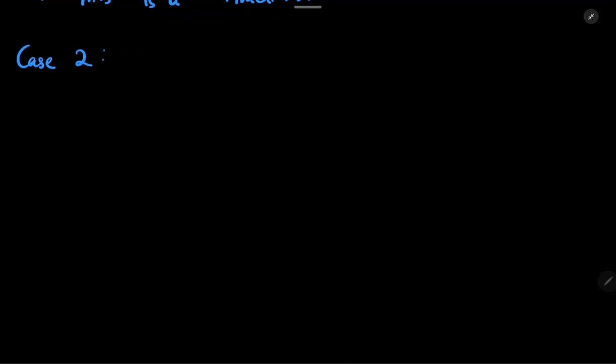In case 2, what happens? We have that for some k greater than j, positional k is less than, let's say, a j. This is our case 2. And as usual, let us use a numerical example to show what case 2 would look like.